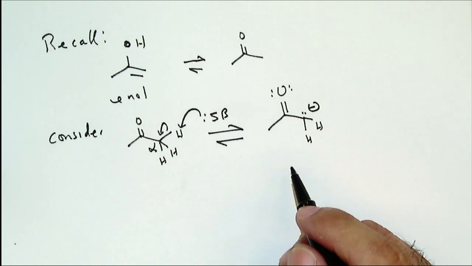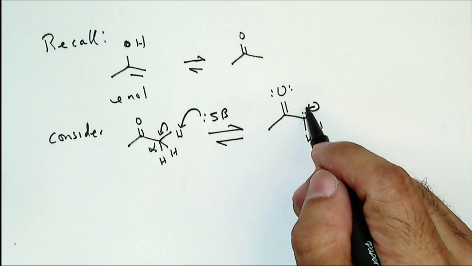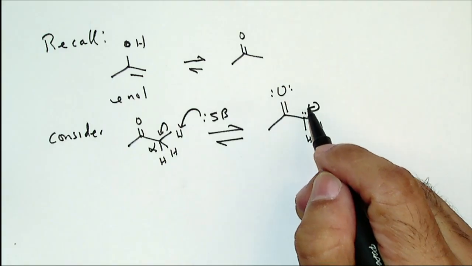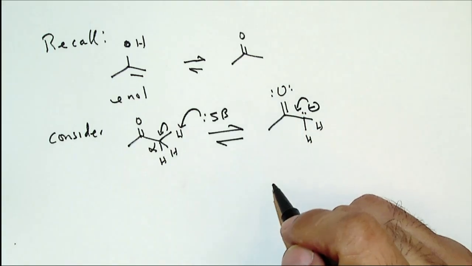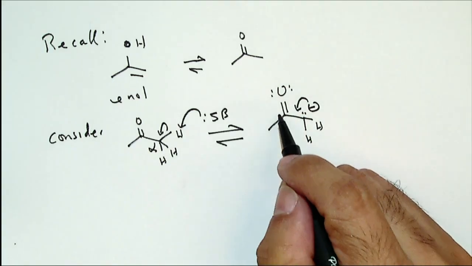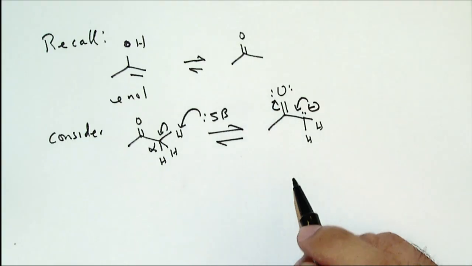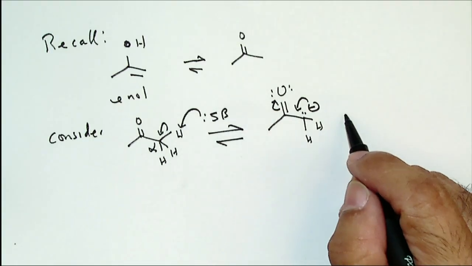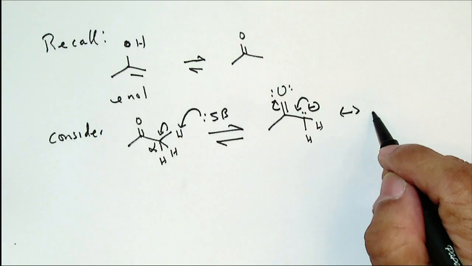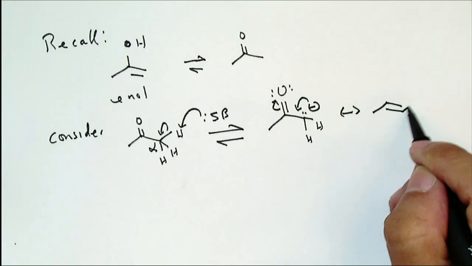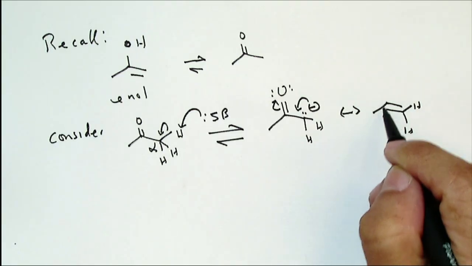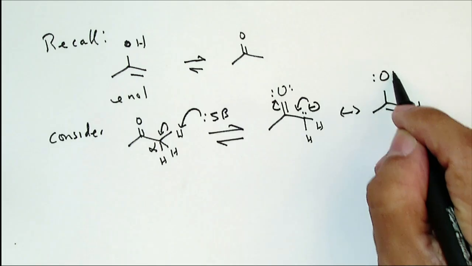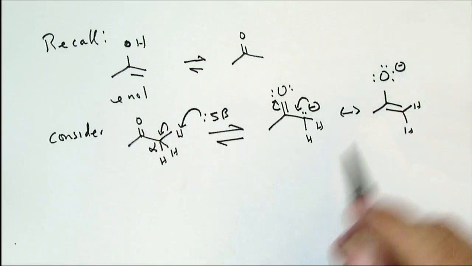Now, in terms of energy, this makes sense, and it is allowed because the product that we get, which is this, is of course resonance stabilized, because those 2 electrons can move that way, and the 2 pi electrons can move up onto your oxygen. And therefore, what you end up getting is this molecule, in which the minus charge and the 6 electrons are now on oxygen.